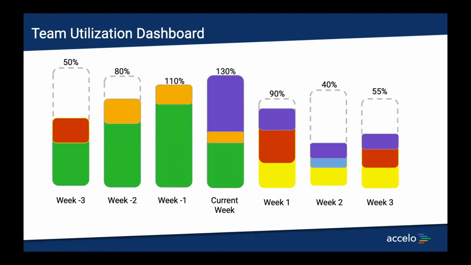So you can look in the past and say, okay, how did we use our time? How much of our time was used? Again, the dotted lines here represent the total possible hours. So we can see some shifts in staff that we had on hand with those dotted lines changing. But we can also see what percentage of our week was utilized.